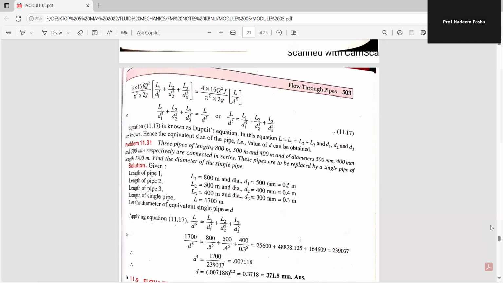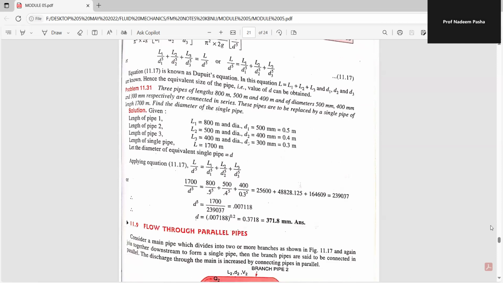Length of the single pipe is given to you. 1700 divided by D raised to 5 equals 800 by 0.5 raised to 5, plus 500 by 0.4 raised to 5, plus 400 by 0.3 raised to 5. If you do the calculation, D raised to 5 comes out to be 0.007118. If you simplify it, the diameter of the pipe becomes 0.3718 meter, or 371.8 mm.